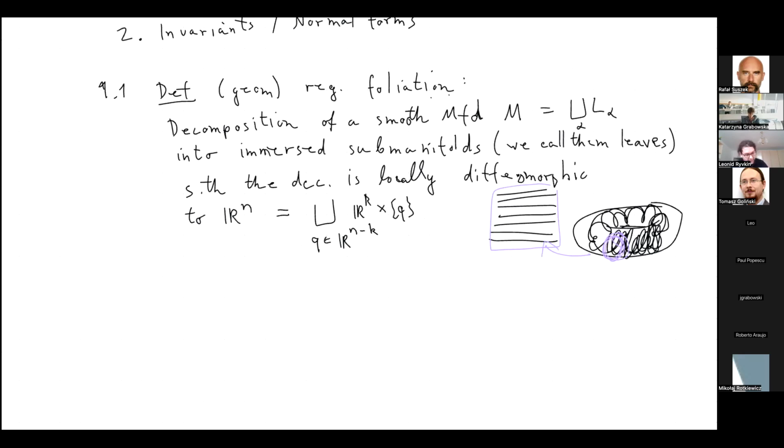So I'll paint the standard example of a decomposition into immersed submanifolds, which is not a foliation. So this was a foliation.